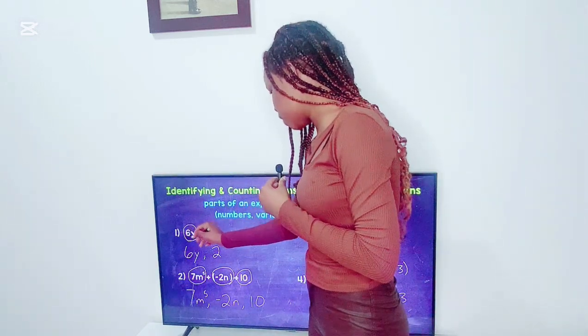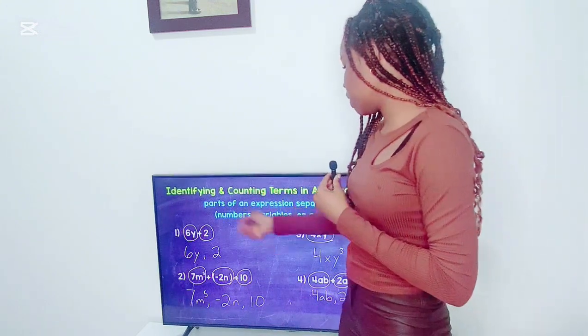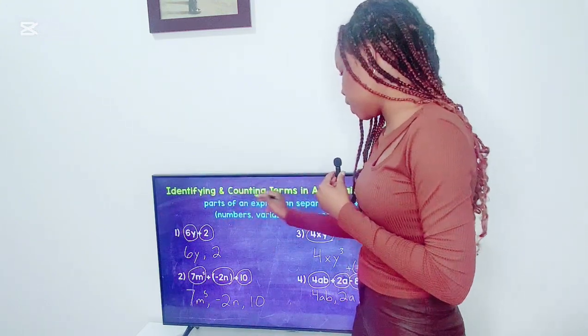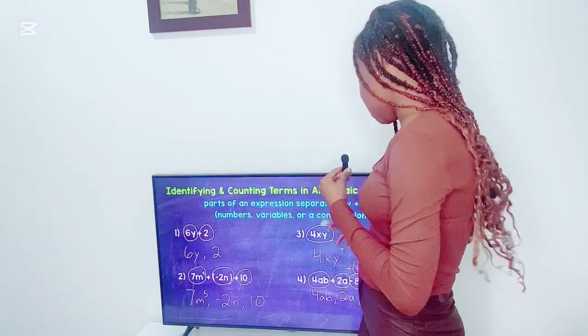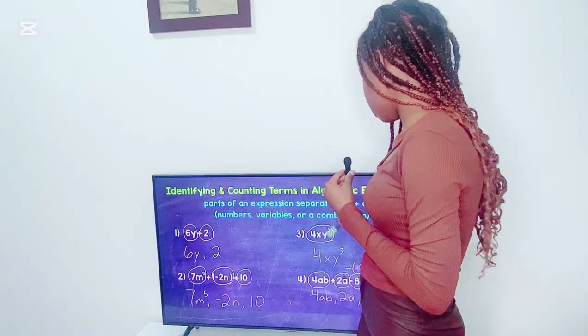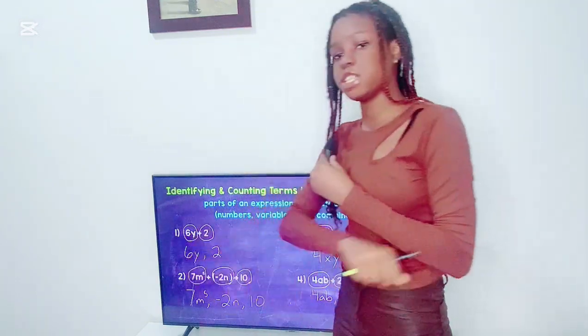We have 6y plus 2. So as you can see, we are identifying and counting the terms. When we have an addition here, basically what they said, a part of an expression separated by addition or subtraction, we have an addition here.